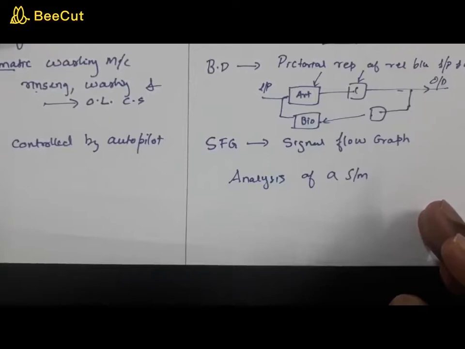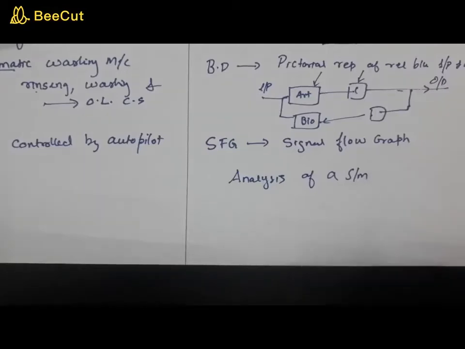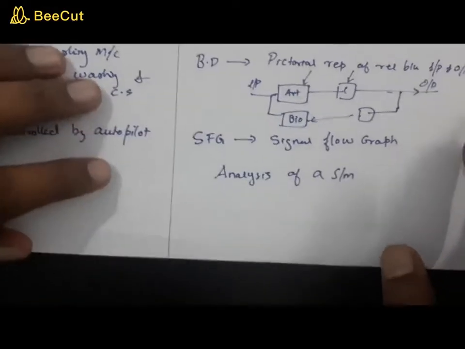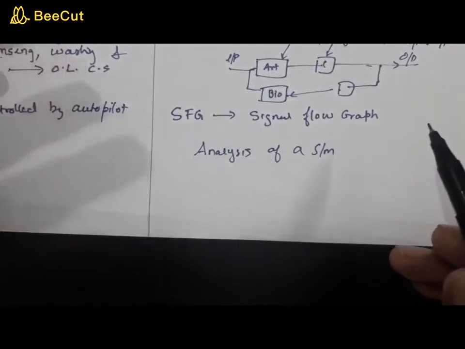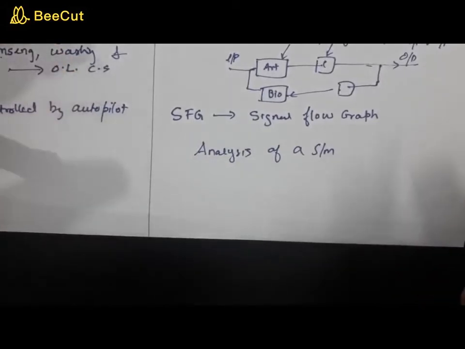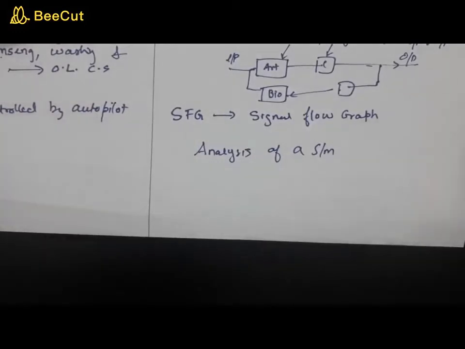The only dominant drawback is its instability, or there is a chance of the system going into an unstable state. So for that you require analysis of the system. By analyzing, you can see that if some restrictions are made suitably, then the system can be prevented from going to an unstable state. You may not be understanding it too much, and I'll be explaining all these things during the course. Okay, fine.